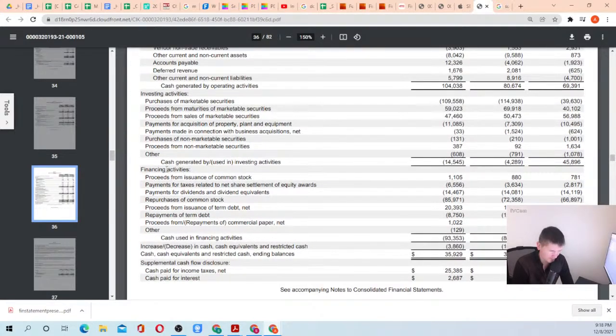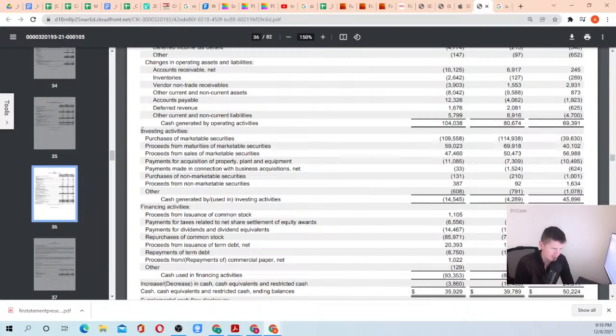So you see, in financing activities we have proceeds from issuance of common stock, payments for taxes related to net share settlement of equity awards, so basically some stock-based compensation goes here, but only a tax part, payments for dividends and dividend equivalents, so dividends go here, repurchases of common stock go here, proceeds from issuance of debt go here.